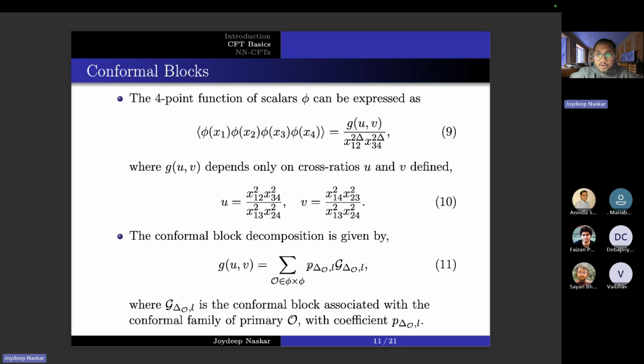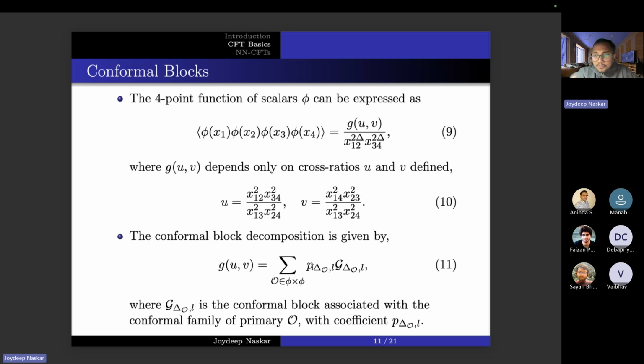But because in our case we don't have normalized 2-point functions, I'm just going to take this number to be a positive number. So solving a CFT means that all those O's that appear in the operator product expansion of the phi and phi operators, which I have not defined though, are known.